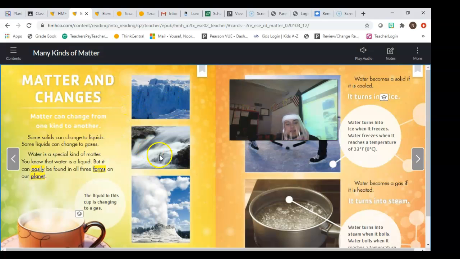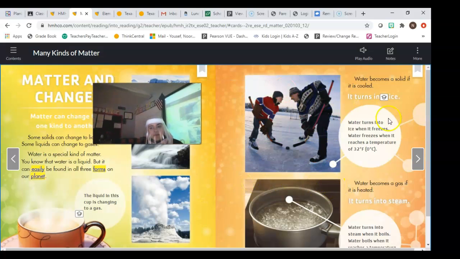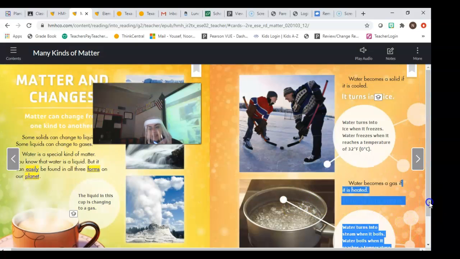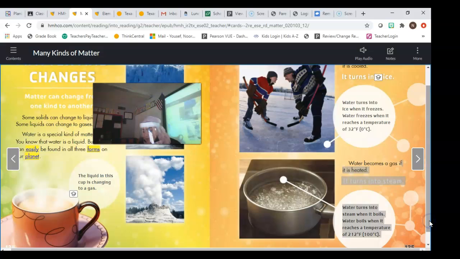Very good. This is water in its liquid form, in a river, and this is the water in gas form, right? Okay, let's move on. Water becomes a solid if it is cooled. It turns into ice. Water becomes a gas if it is heated, right? When it boils, it heats. All right, let's keep going.